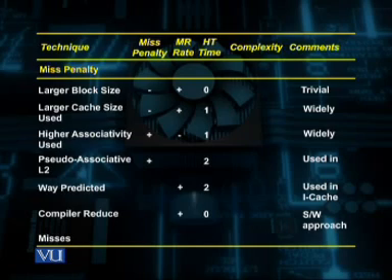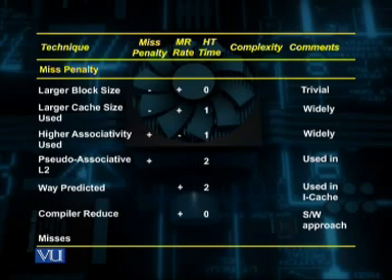These are very simple techniques and they are widely used. Both these techniques have a complexity level of 1, whereas the pseudo-associative and way-predicted techniques are relatively complex, and the pseudo-associativity technique is used in level 2 caches, whereas the way predicted is used in instruction caches.